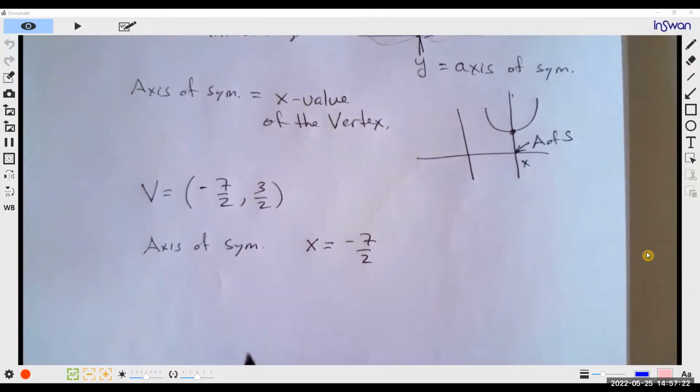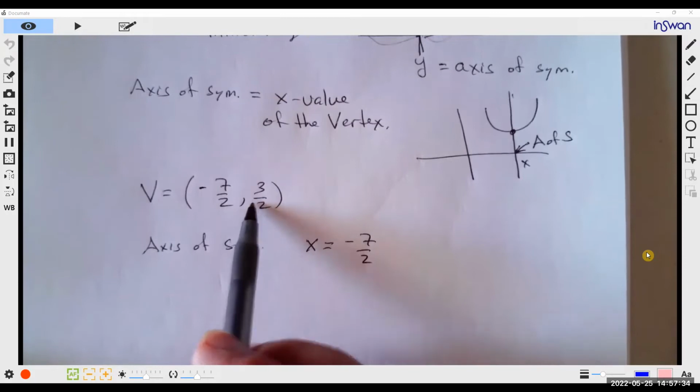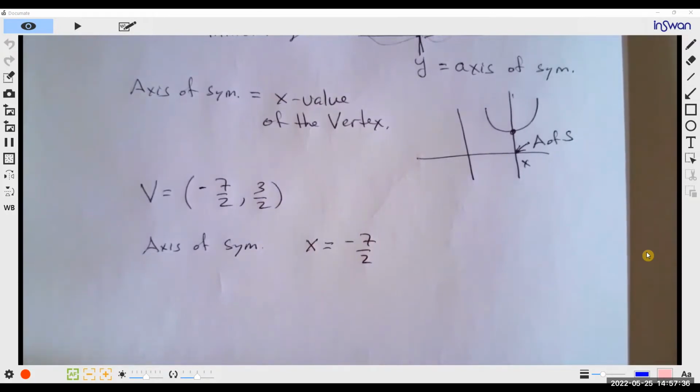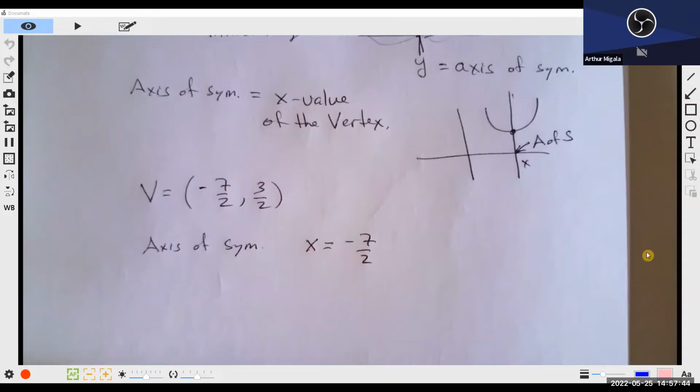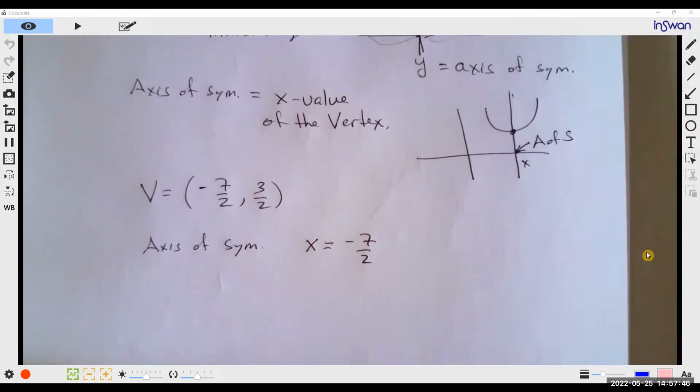Well, the question asked what was the axis of symmetry? First it was the vertex, which we already have as -7/2 and 3/2. And then the axis of symmetry, which in this case will be -7/2. And then it asks, does it have a maximum or a minimum value?